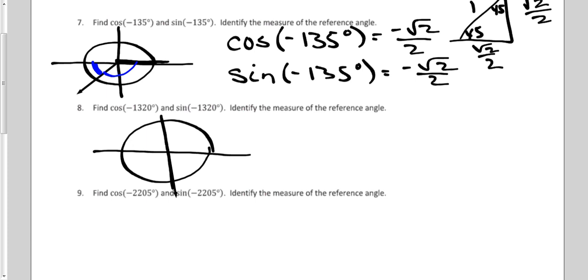That's 1170. 1170 plus another 90 would be 1260. And then I have to go another 60 to get to negative 1320. So I'm about there. So this is my reference angle, and it is 60 degrees.